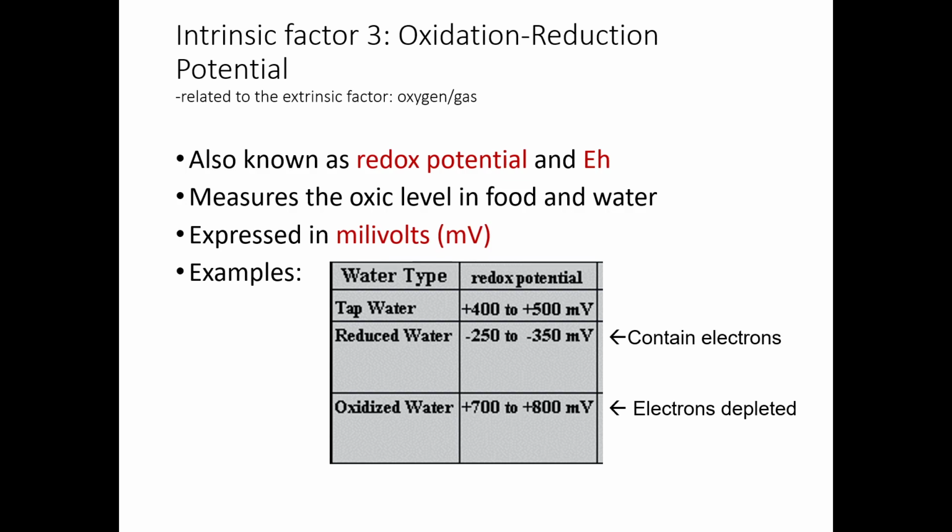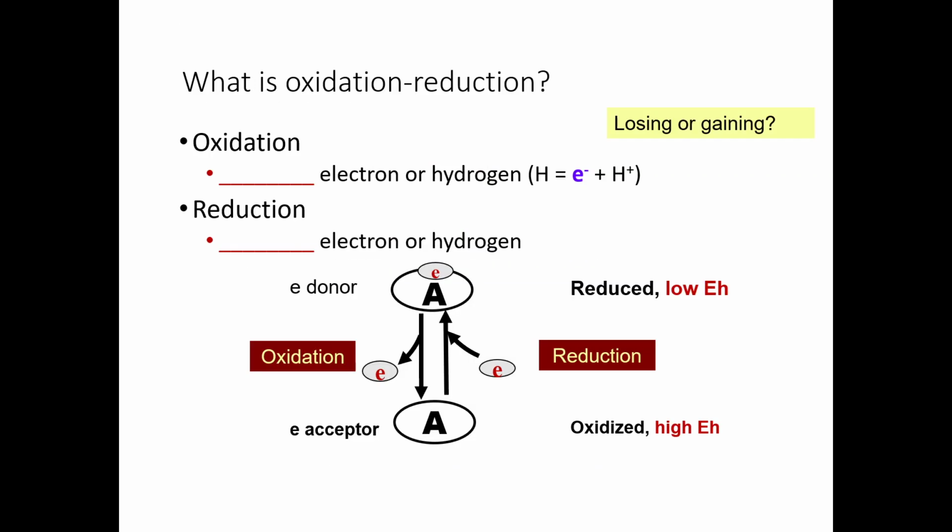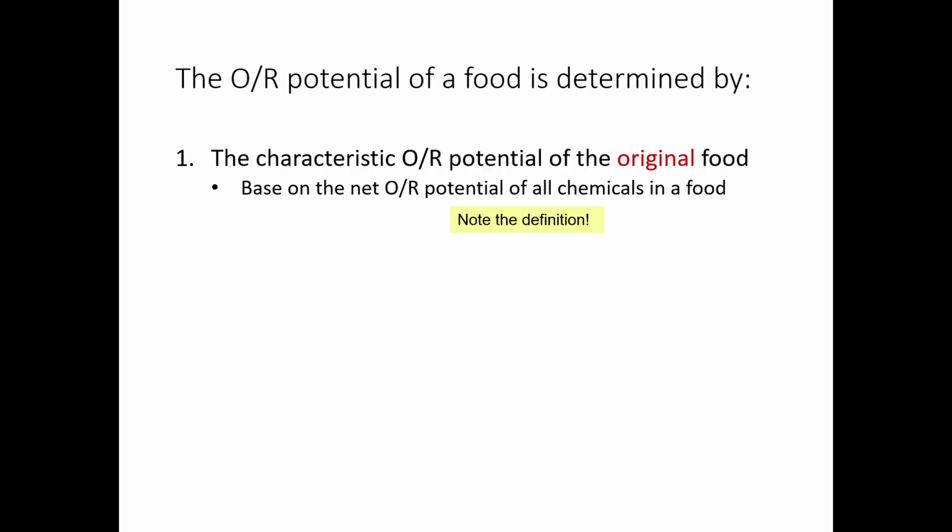This is also known as the redox potential, or capital EH, and it is expressed in millivolts. So this is based off of oxidation reduction. I'm not going to ask you any questions about this, but hopefully you remember it from chemistry.